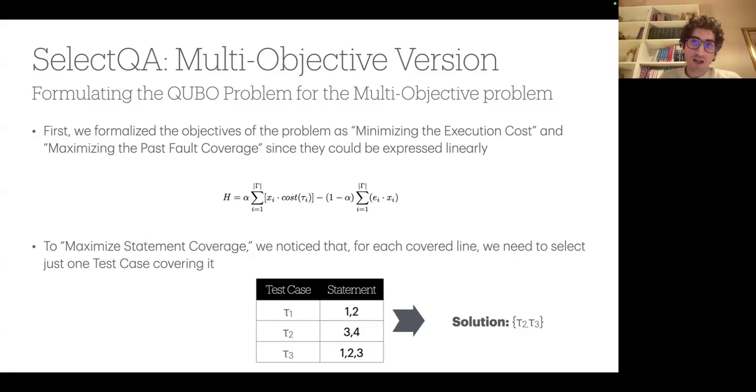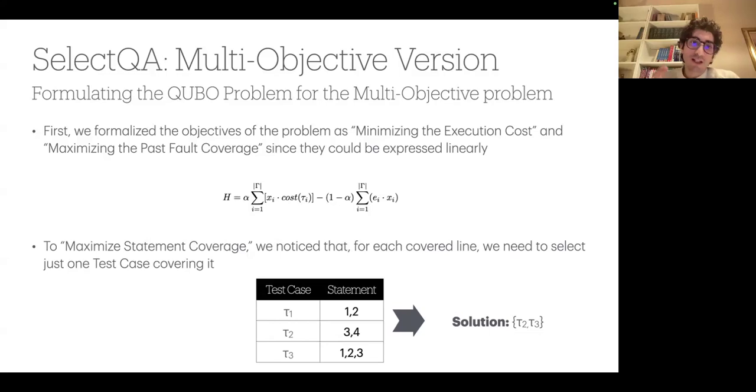Cost of tau_i is the execution cost of the ith test case, while E_i is a binary value which is 0 if the ith test case wasn't able to spot a failure in the past, 1 otherwise. Alpha is a weight that helps us to focus on a selection criterion instead of another.